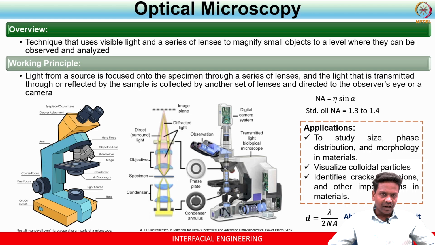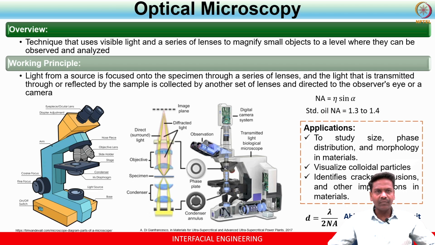So when I say 100x, 50x, it means you will be able to see the specimen several times larger. Say, for example, when I'm viewing the specimen through a 10x objective, and my eyepiece is also 10x, right? Then I would be able to see the object 10 into 10, so 100 times larger than the object, right?